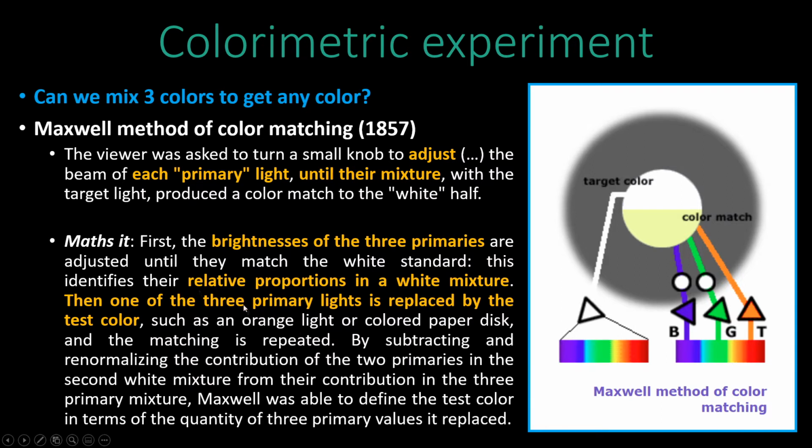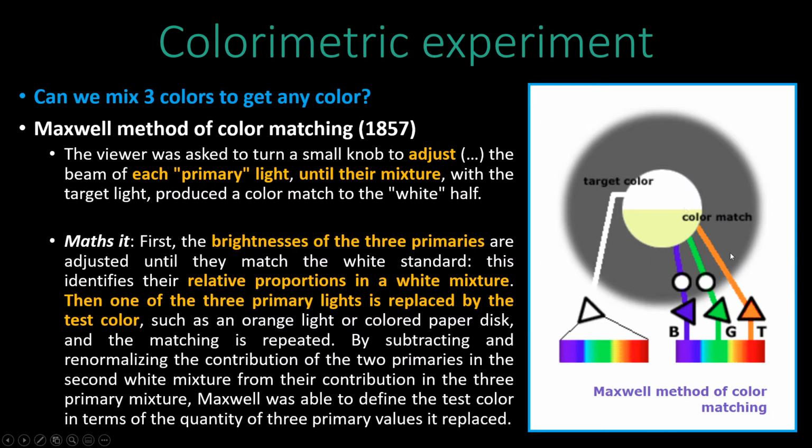By subtracting and renormalizing the contribution of the two primaries in the second white mixture, they were able to get the absolute values. So some relative proportion was established here, and by testing it with another color, they got the absolute values.